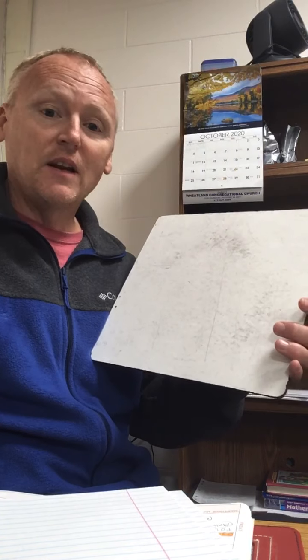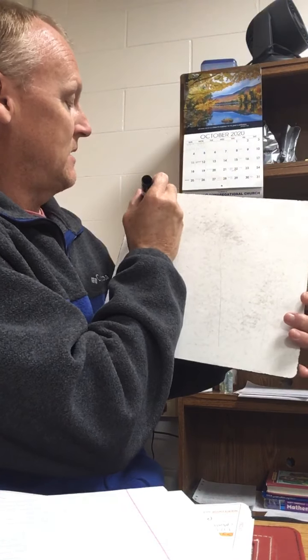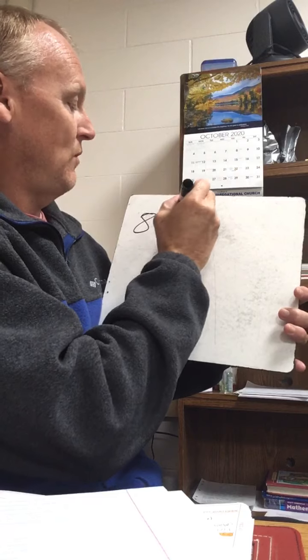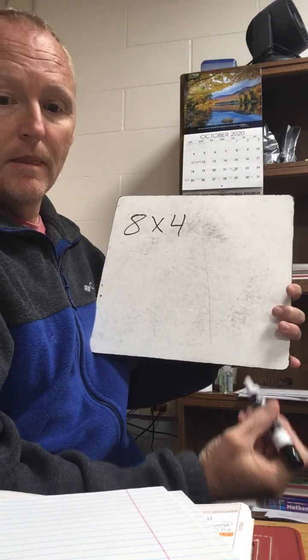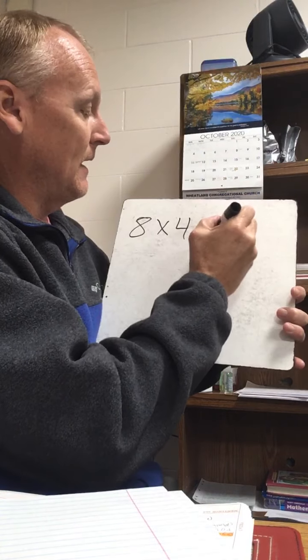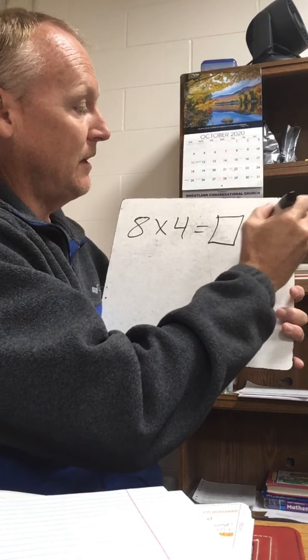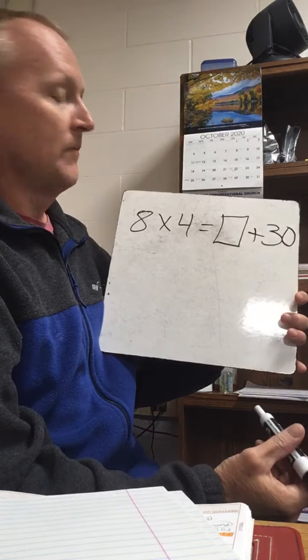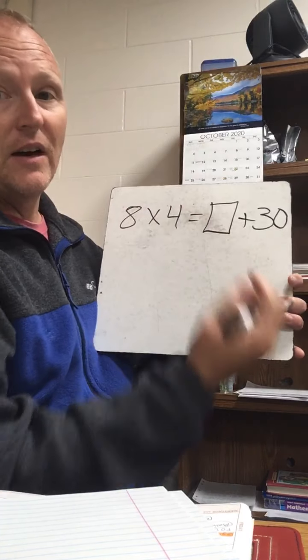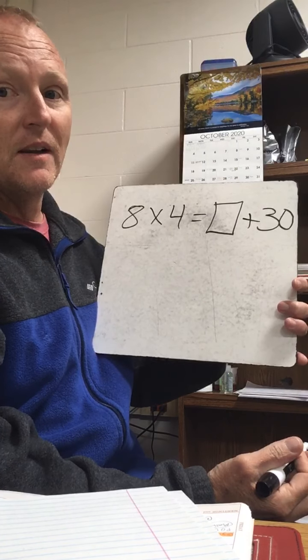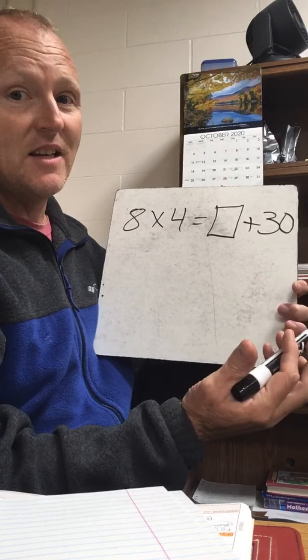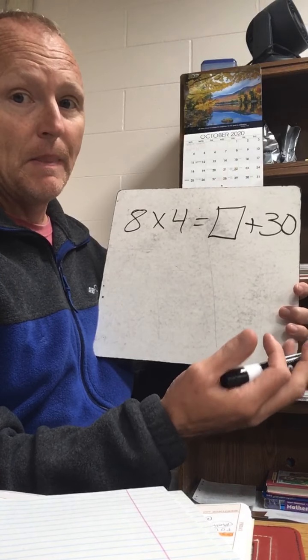Okay, so the next one that I want to do is 8 times 4 equals blank plus 30. So this side we can figure out. We've got all of our information. If you know your basic facts, it's easy. If not, you could draw a picture. You could do an array.